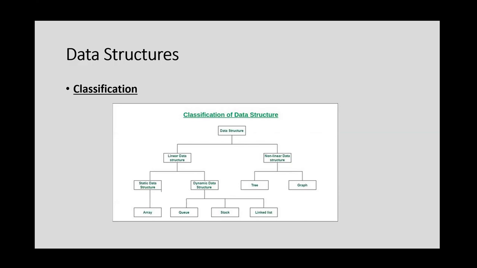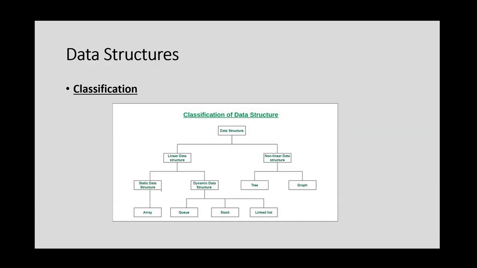So what is happening in the non-linear data structure? As I told you, the data is not stored in the linear way, it will be stored in a nonlinear way. Considering the memory, it is not stored in contiguous memory locations.